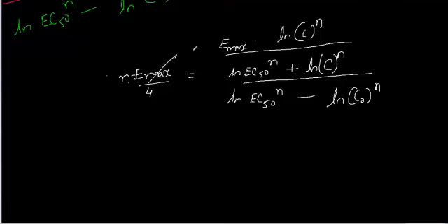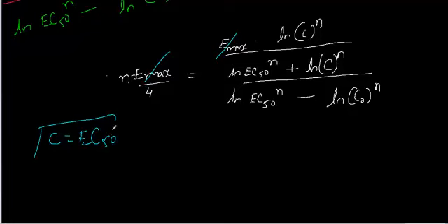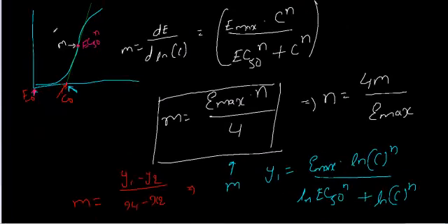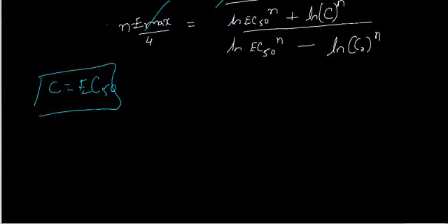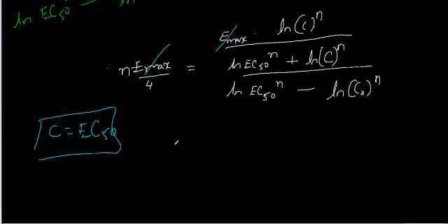So here I can cancel this Emax with this Emax, right? What I'm left with, because as you are aware, at what concentration is this? C is equal to EC50, as I mentioned earlier, the slope at this point where the concentration is equal to EC50. So C is equal to EC50, right?